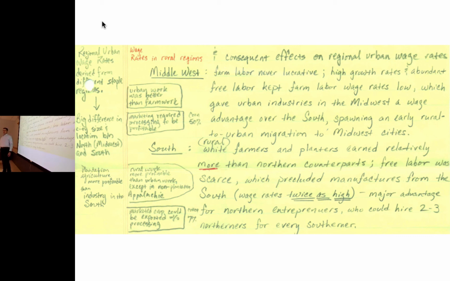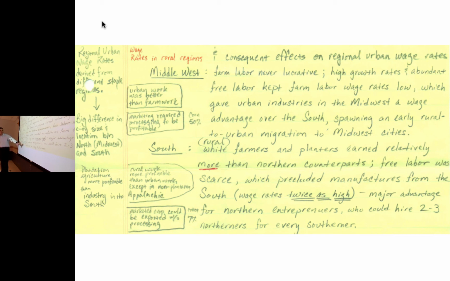Southerners looked at the Yankees as sort of dogs that would work for nothing. And Southerners had a degree of pride in their personal liberty of not being a slave to labor.